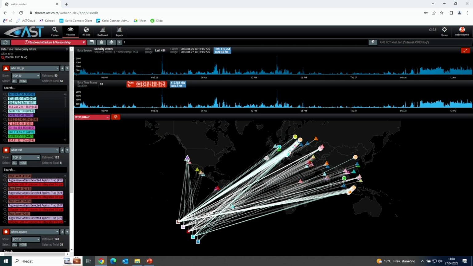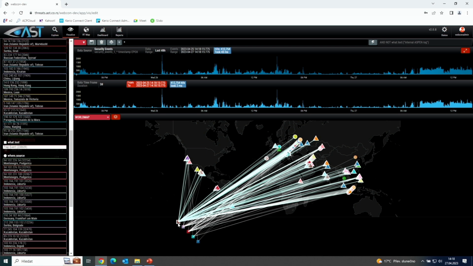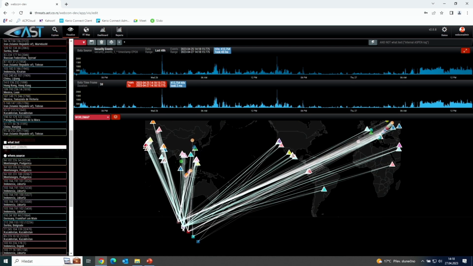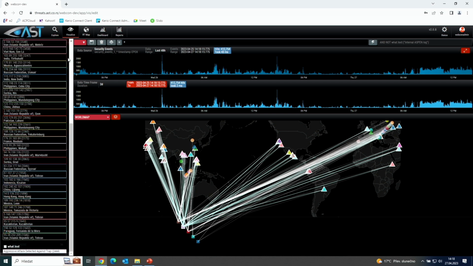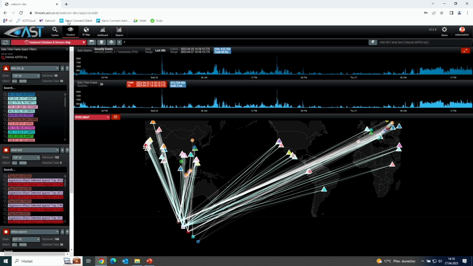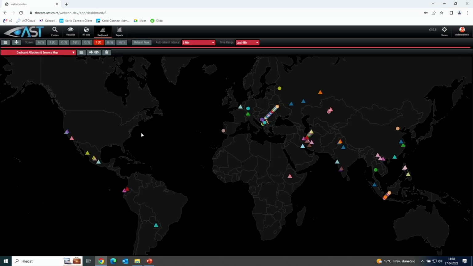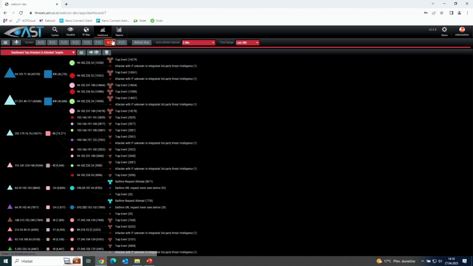These are the attackers, and these are the four main types of attacks being done on those traps.